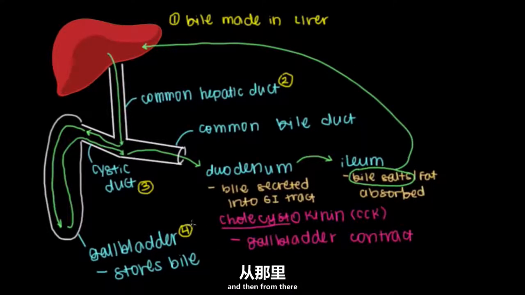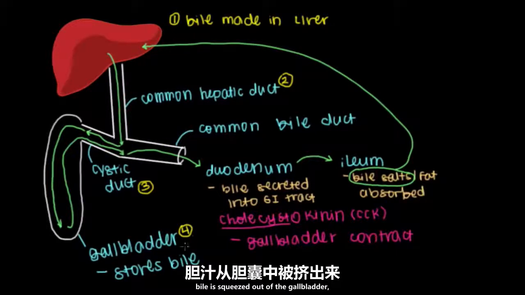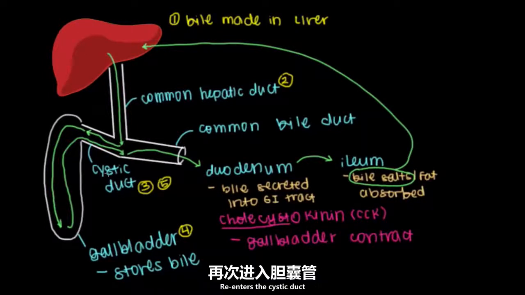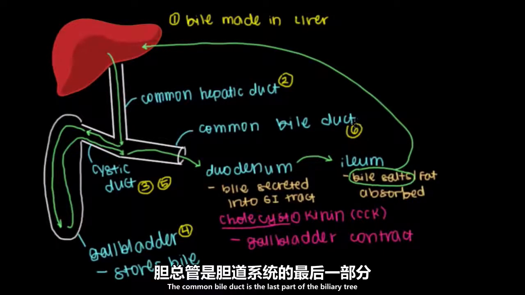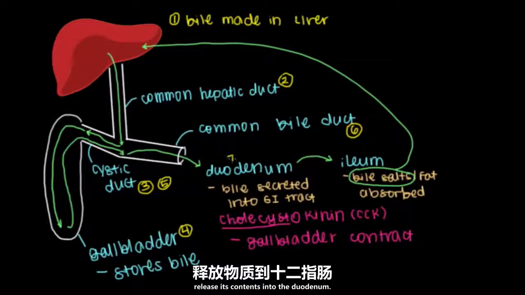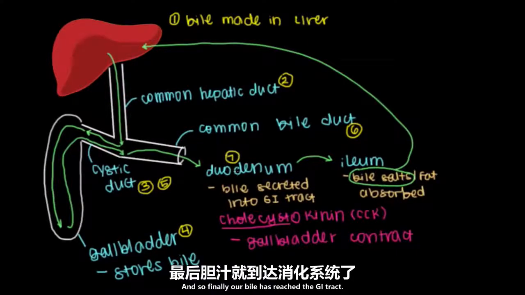And then from there, bile is squeezed out of the gallbladder and re-enters the cystic duct. I guess you can say this is the fifth place it would go. It re-enters the cystic duct and goes into the common bile duct. The common bile duct is the last part of the biliary tree, which will then release its contents into the duodenum. And so finally our bile has reached the GI tract.